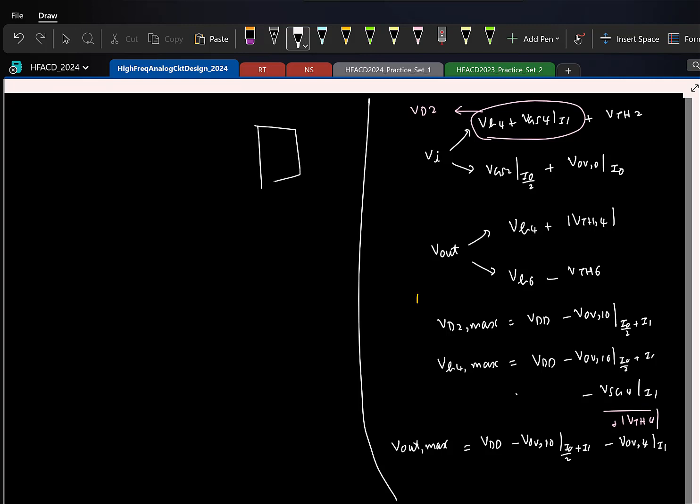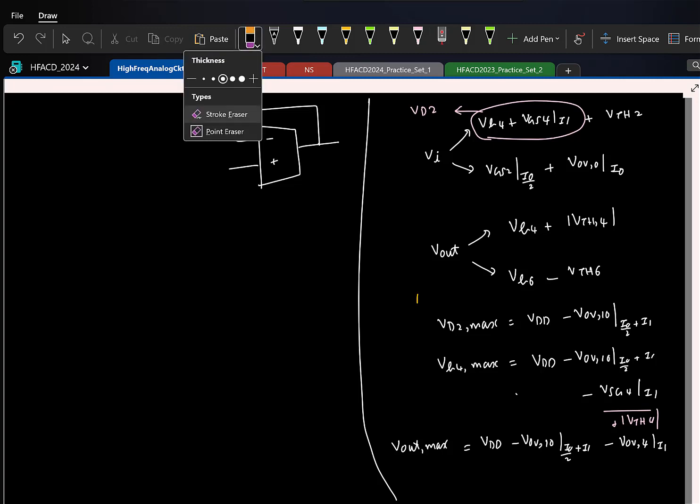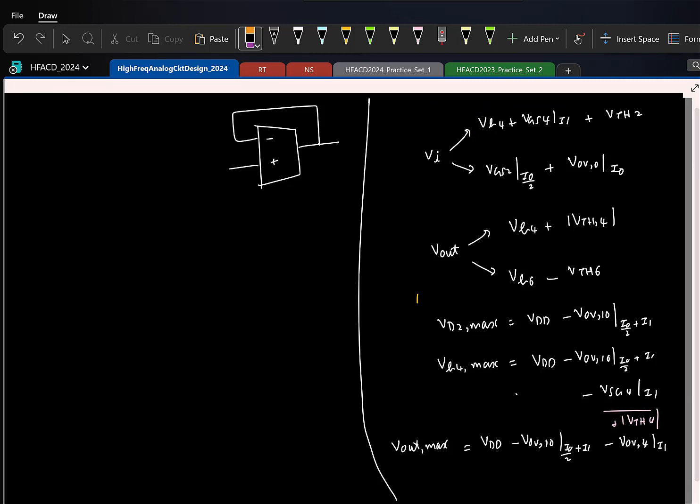So let's say I do the same exercise as I did, and I put it in unity feedback now. Again, we have to find the absolute maximum and minimum. How do I find it? I have separate limits for the input and the output. At the input, the input has this as the minimum, and the output has this as the minimum.